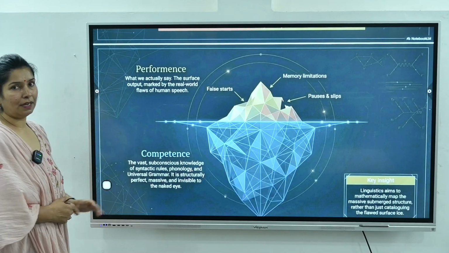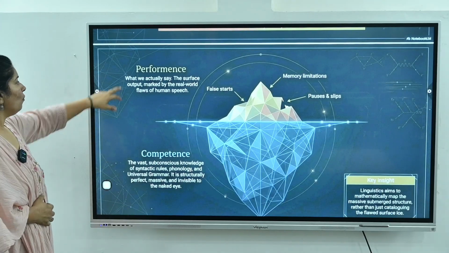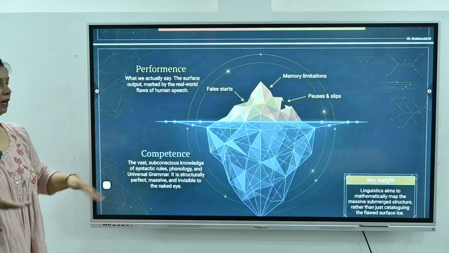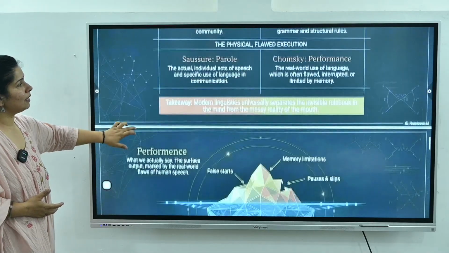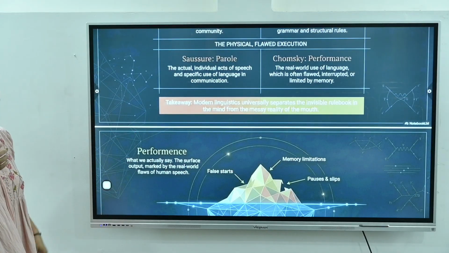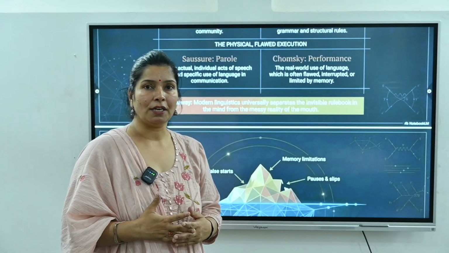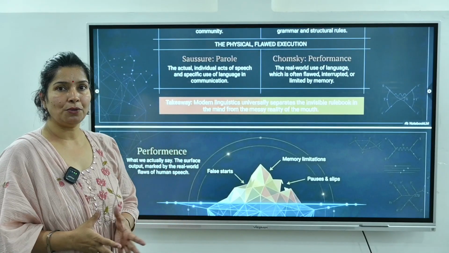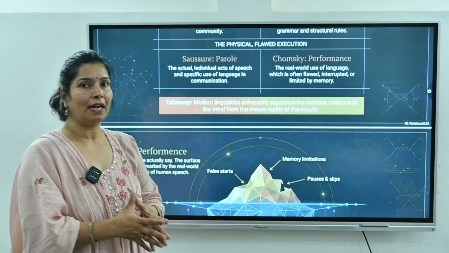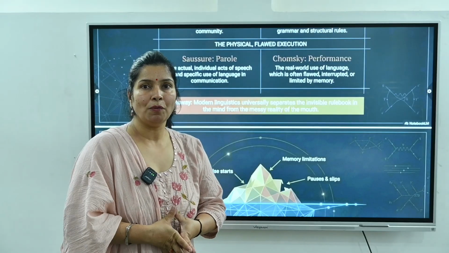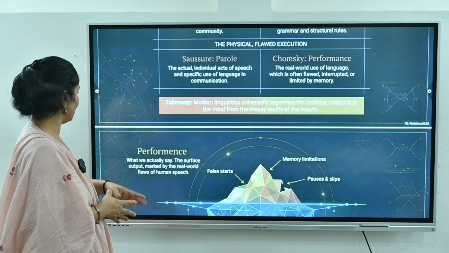Another important concept is, again, performance. As we have already discussed, performance is the real-world use of how we use language in our speaking or writing in day-to-day life. That is part of performance according to Noam Chomsky.